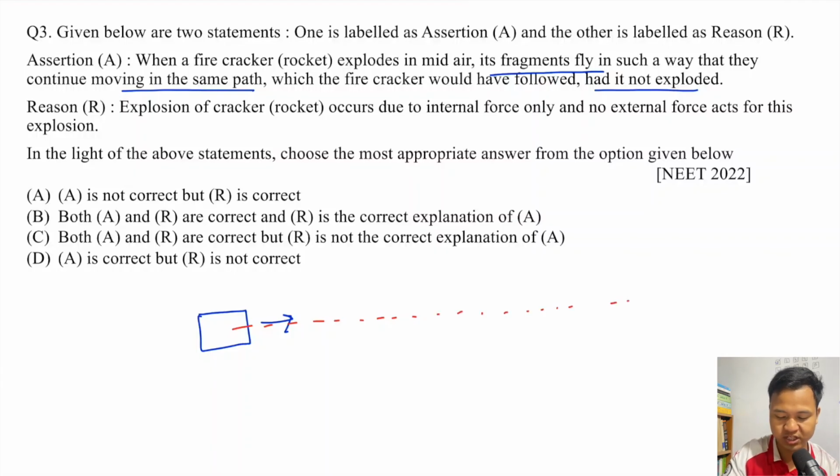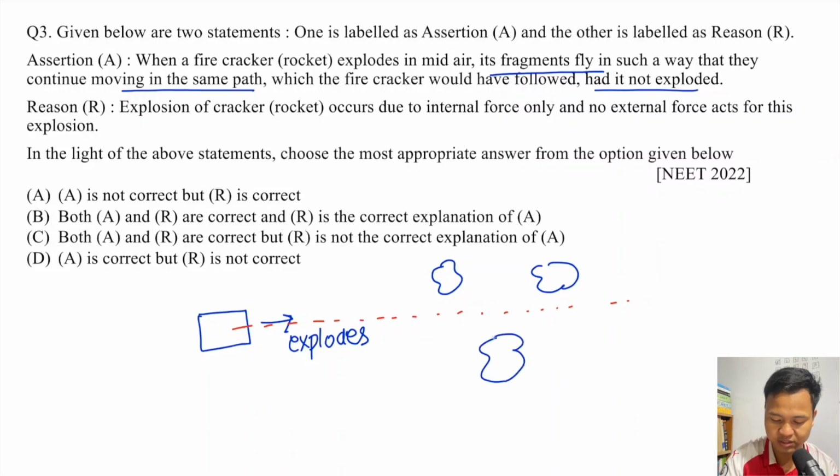The center of mass path of the rocket is straight. After it explodes, the fragments will move in random directions. Suppose m1 with v1 goes here, v2 goes here, m2, and m3 with v3 goes in this direction.